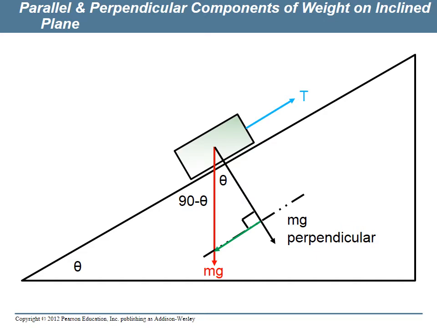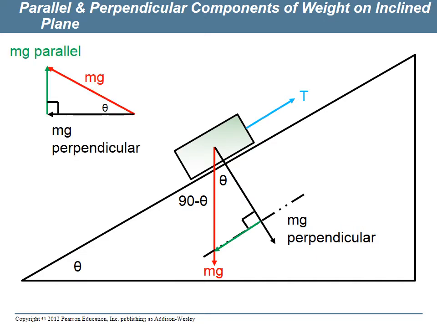So I have my parallel component and my perpendicular component, and I just take this triangle right here and rotate it, basically, and it's the same triangle that's drawn right here. This is mg, this is mg parallel, this is mg perpendicular, right? So then I can find them.